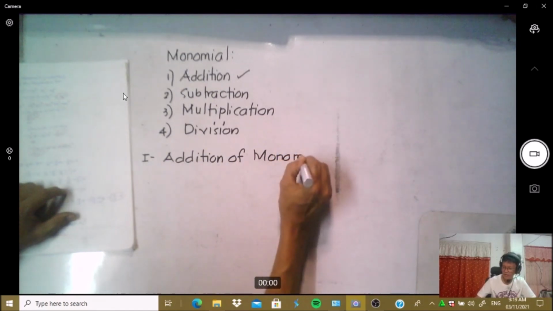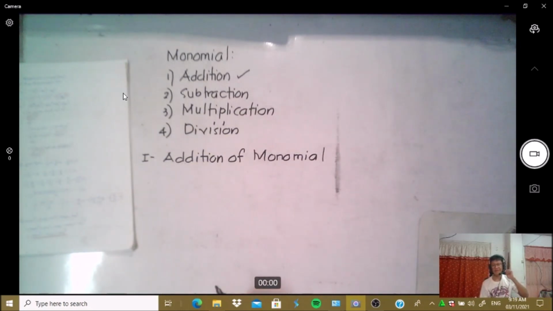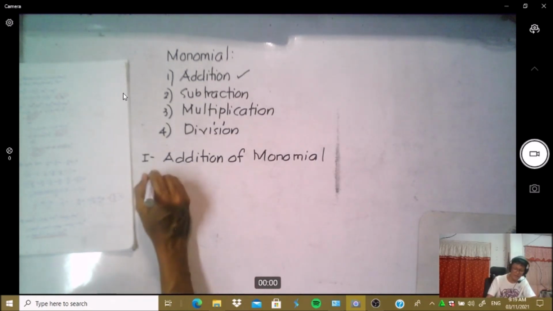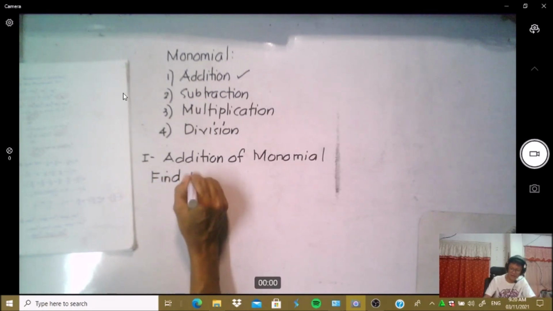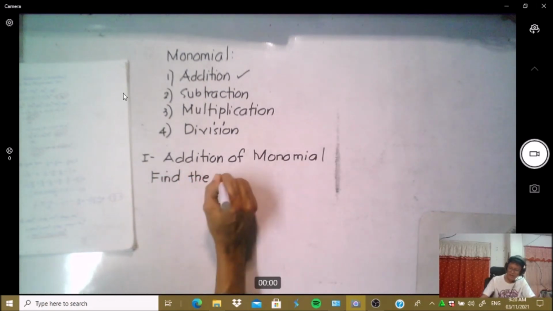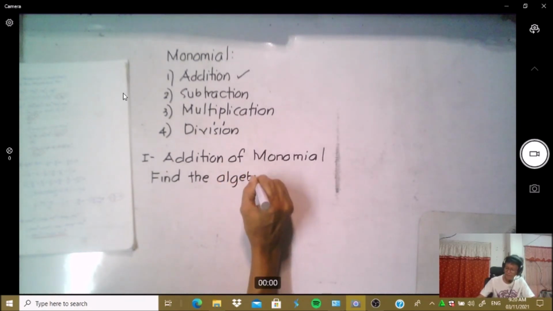So, this simply means that we are going to add the terms of the monomials. Okay. So, actually, we have here, for our example, find the algebraic sum.